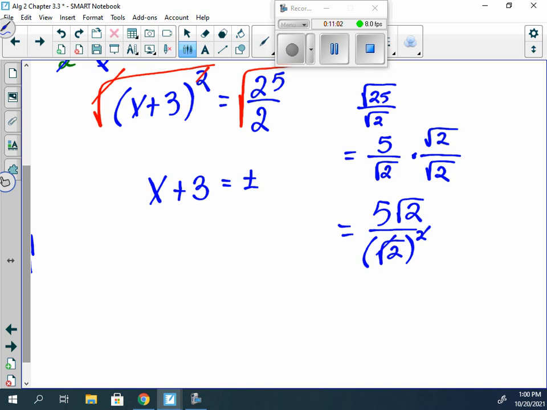Well, the square root and square would cancel, leaving us with what? 2. So if we'd have typed the square root of 25 divided by the square root of 2 into the yellow calculators, the TI-30XS, and hit enter, it actually would have told us 5 square root of 2 over 2. Now, if we'd have typed the square root of 25 halves in, it would have given us the decimal. It needs it broken up. But it would have given us this here.